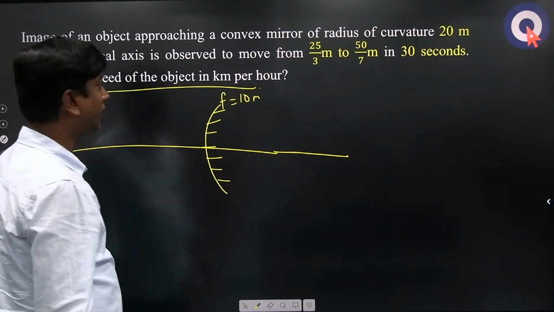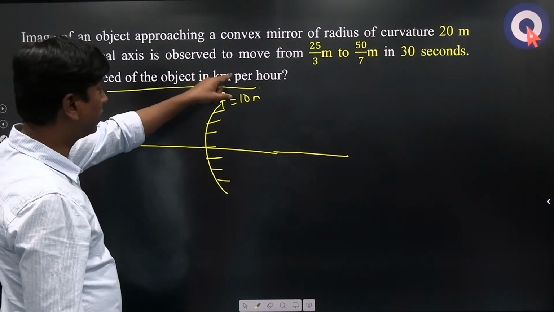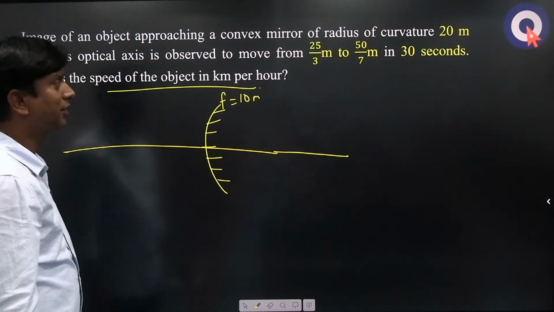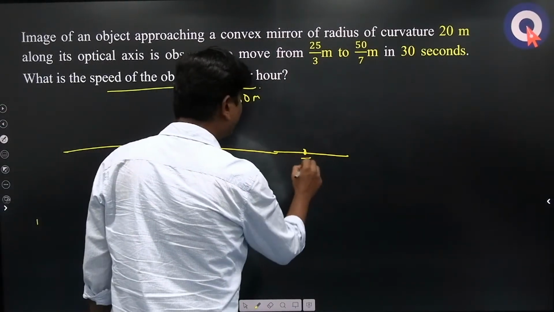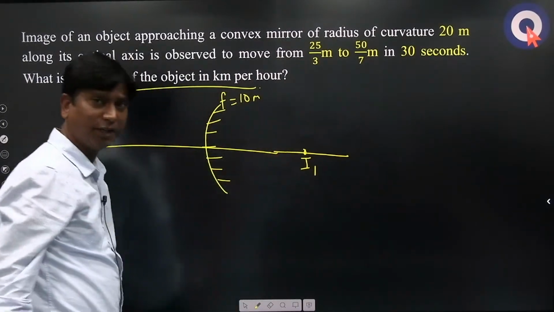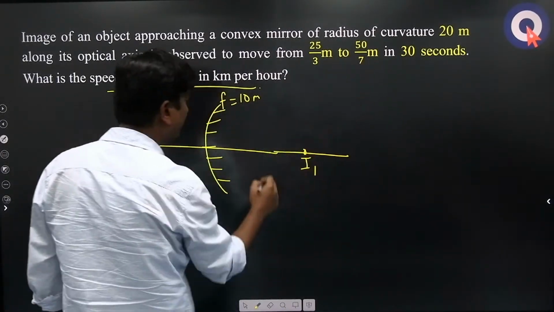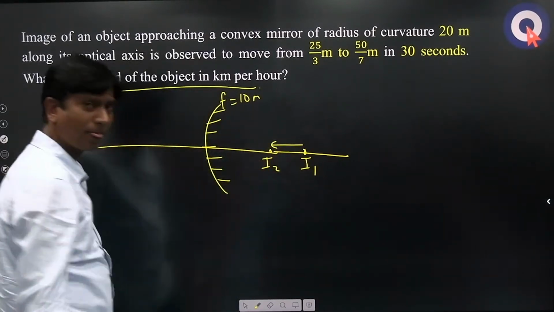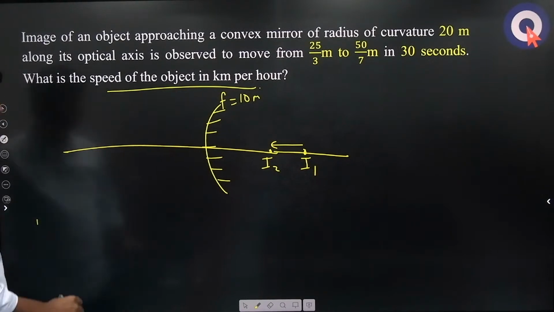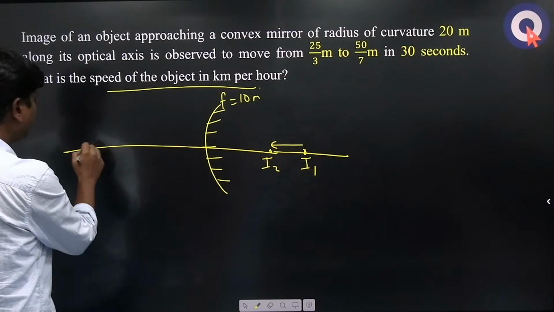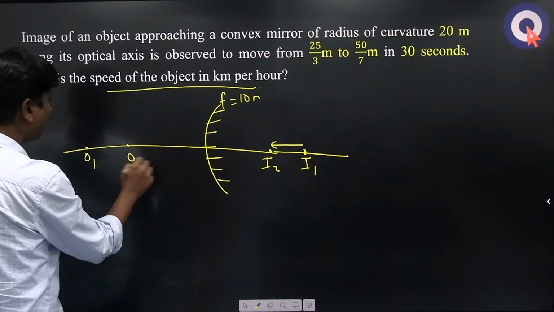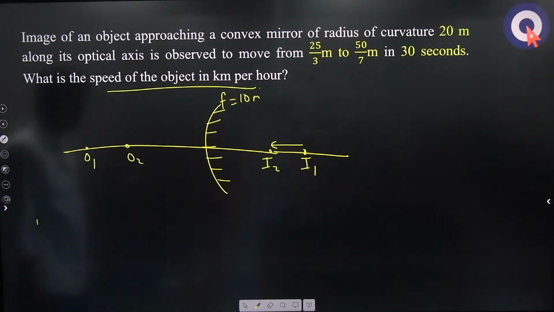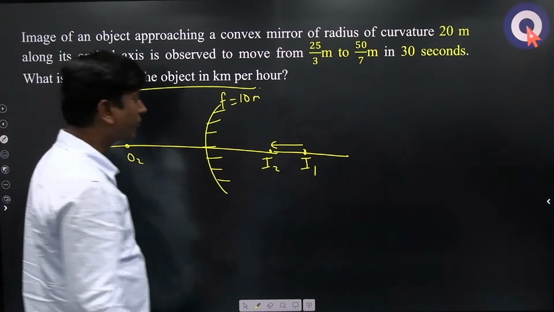The virtual image moves from 25/3 meters, about 8 point something, to 50/7 meters, about 7 point something. So the image is moving from here to here, and the object moves correspondingly, assuming it moves with constant velocity towards the mirror.